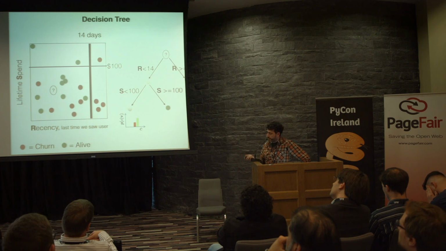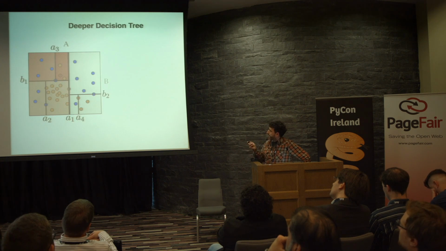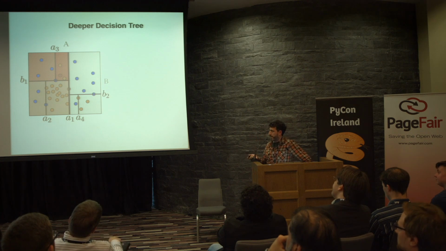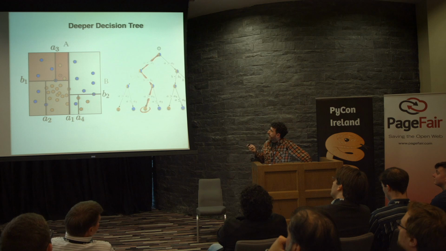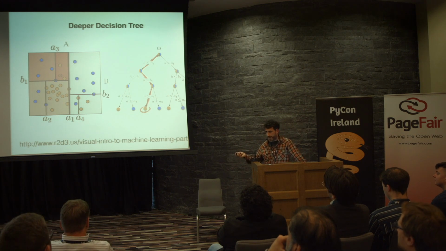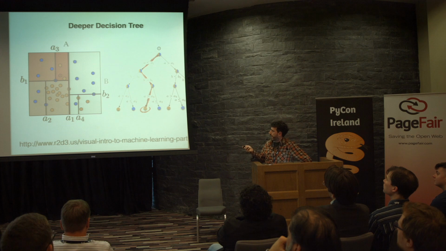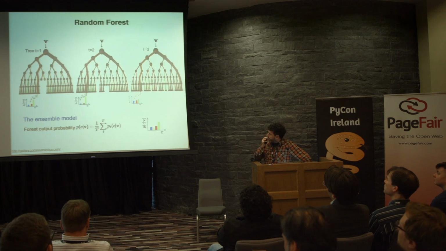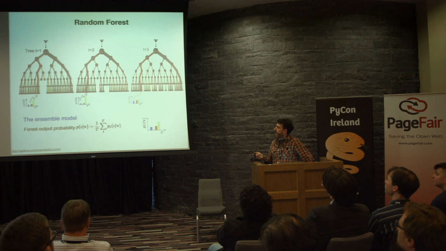So that's the basic component of a random forest. You can go deeper. There's a whole load of tuning that we saw earlier that goes on. You can spend a long time at that. So there's another example. If anyone hasn't seen it, there's a lovely visual introduction to this stuff, a really nice D3 visualization available there. So a random forest is a bunch of these trees.